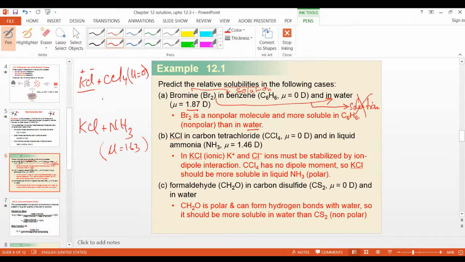So which one will make a solution? KCl and ammonia. KCl with ammonia, right? This one is positive and negative, and this is also 1.63. So this is also polar, right?